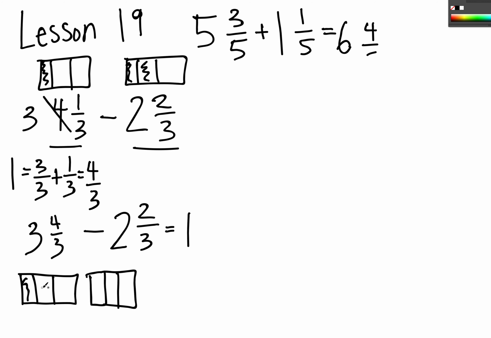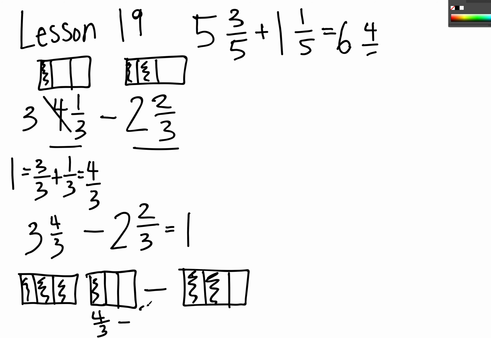So this is 4/3. 1, 2, 3, 4. And then we're going to subtract 2/3. 1, 2. So clearly, I can subtract this 2 from 4/3. So the simple equation is 4 over 3 minus 2 over 3. And what is our answer? 2 over 3. That's how many we have left when it relates to subtracting those fractions.